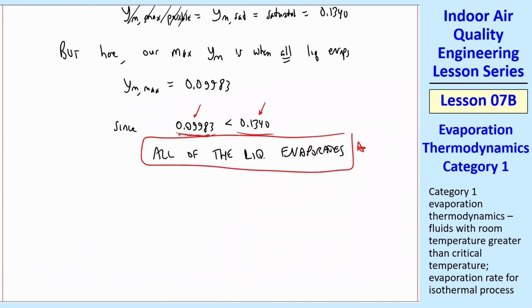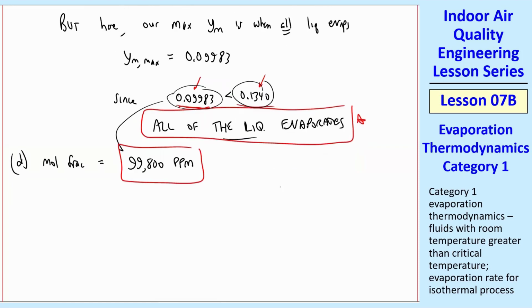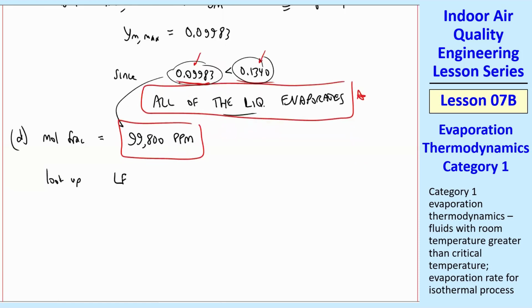And then finally, part D is to calculate the final mole fraction. Well, it's going to be either one of these two, either this one or this one, because those are the two possibilities. It'll be the smaller of the two. In this case, all the liquid has evaporated, so the mole fraction is equal to 99,800 ppm. And then finally, we want to see if this thing was explosive, so I look up the LEL, which is 6%, and convert that to ppm to compare: 60,000 ppm.